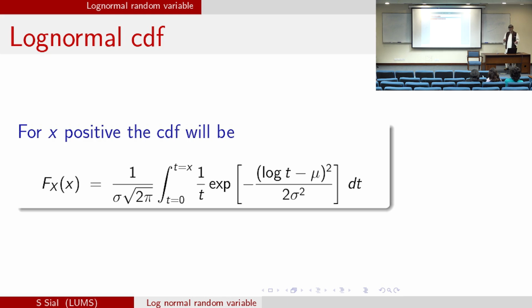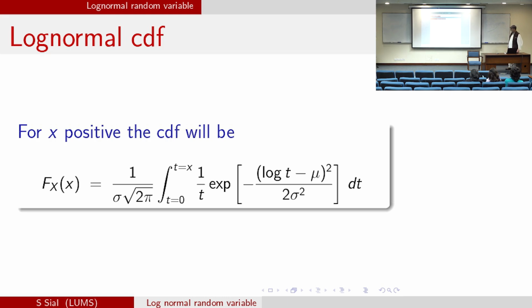So you can do a manipulation and then use your table or your software for the CDF of the standard normal, like anytime we were making x a function of y.